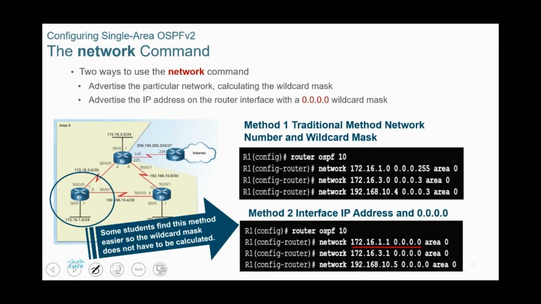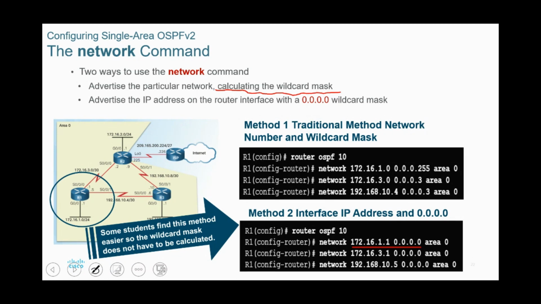Okay, next, we're going to advertise. How are we going to write a network command? There are two ways to use the network command. First is to advertise the particular network, calculating the wildcard mask. In order to advertise it, you have to calculate the wildcard mask.